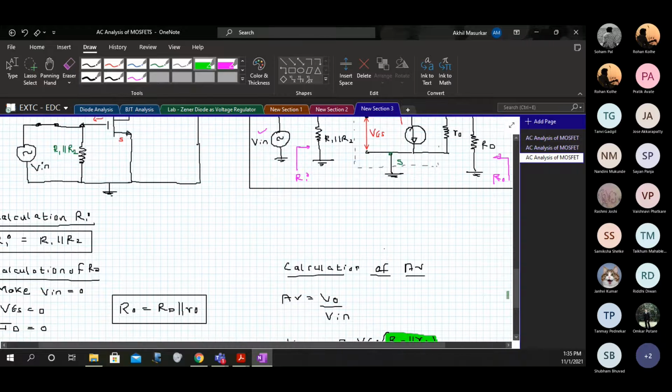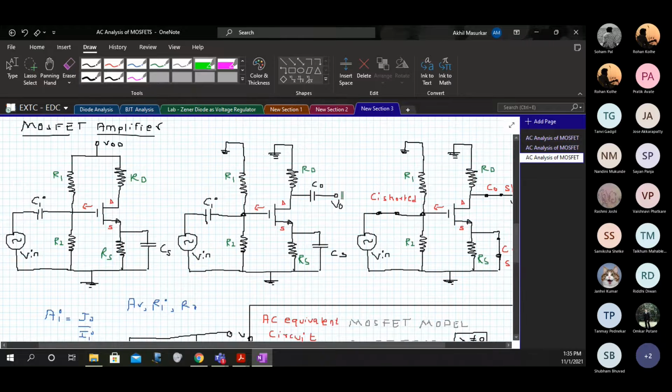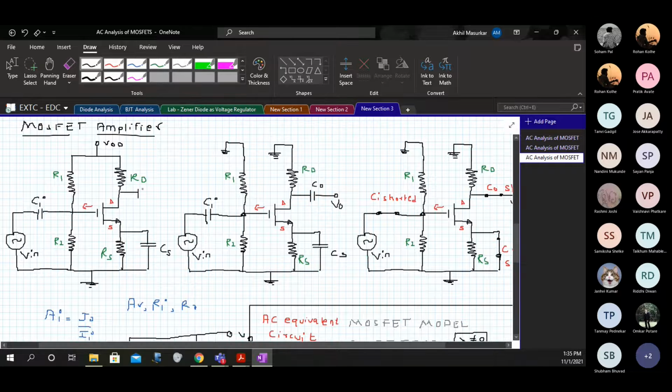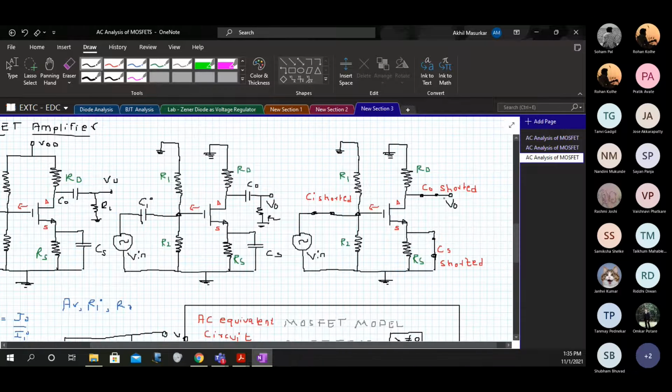So in this circuit, now we have R0, and if we have a RL here, then there will be a RL here also. There will be a RL in this place also.